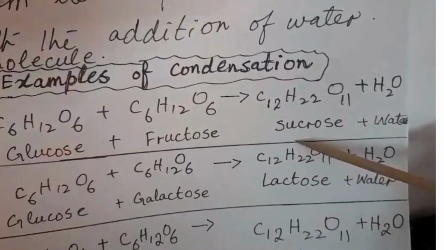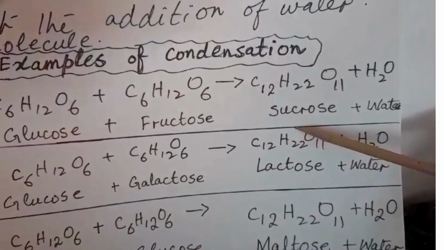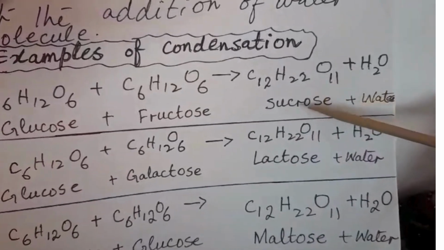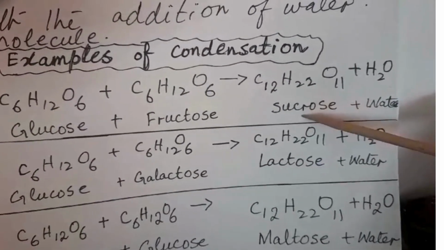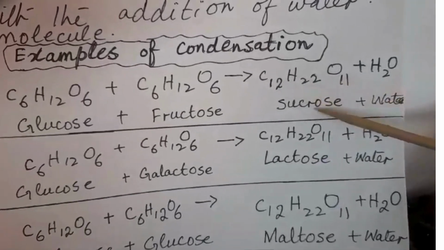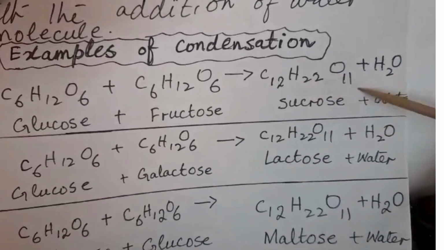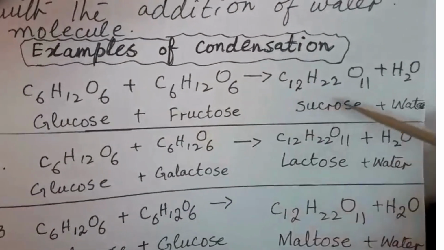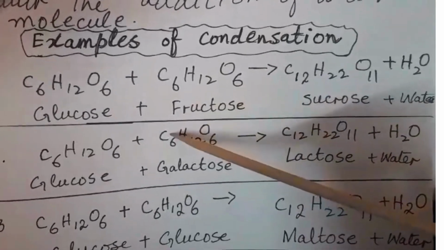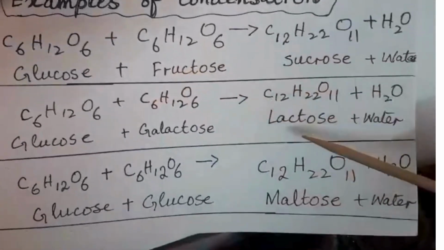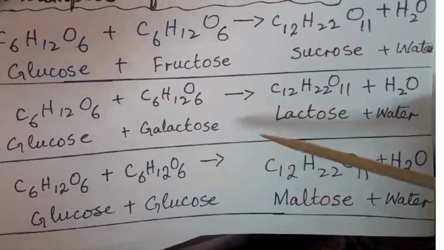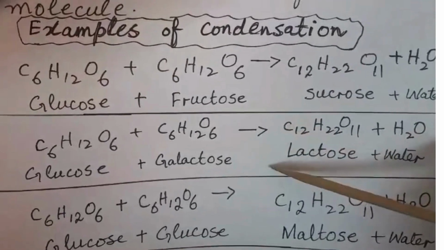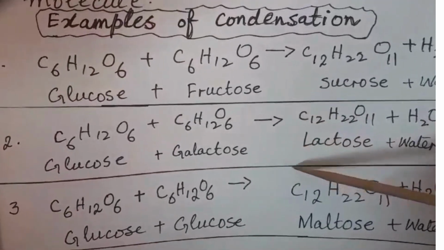Similarly, you can write the hydrolysis reactions on your own by writing these products of condensation in the place of the reactants: the bigger molecule and water will be added, and this sucrose will be broken down to glucose and fructose. Similarly, other complex sugars will break down into their simple units. Those reactions would be the hydrolysis reactions.